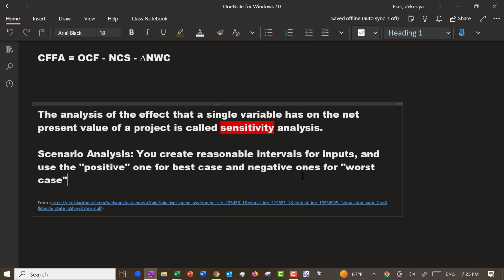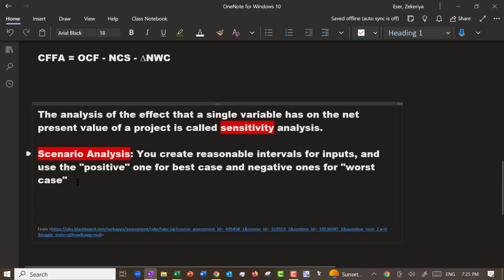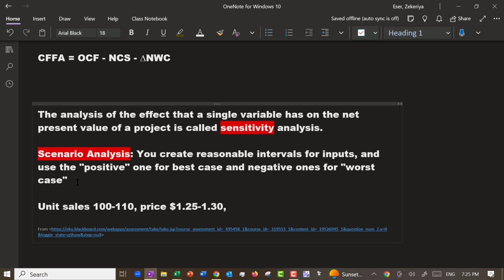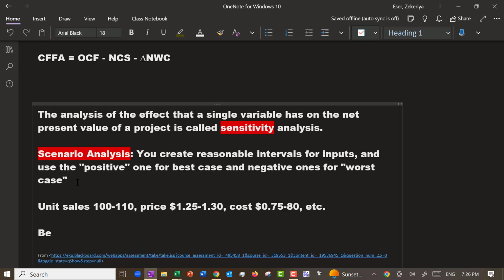Example, you can think of unit sales between 100 and 110, price between 125, 130, cost between 75, 80, etc. So in the best case scenario, you sell 110 units at 130 a piece.